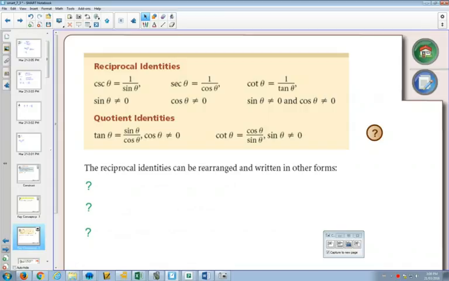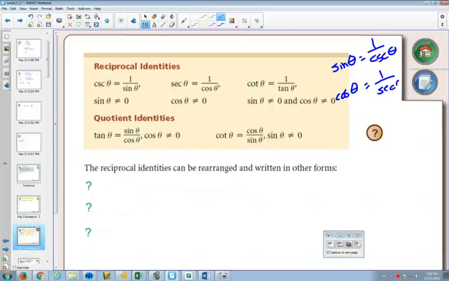Beside this, because you have some space, I'd like you to also write that sine theta is 1 over cosecant, cos of theta is 1 over secant theta, and tan theta is 1 over cotangent theta. So you can either write cosecant as 1 over sine, or you can write sine as 1 over cosecant.